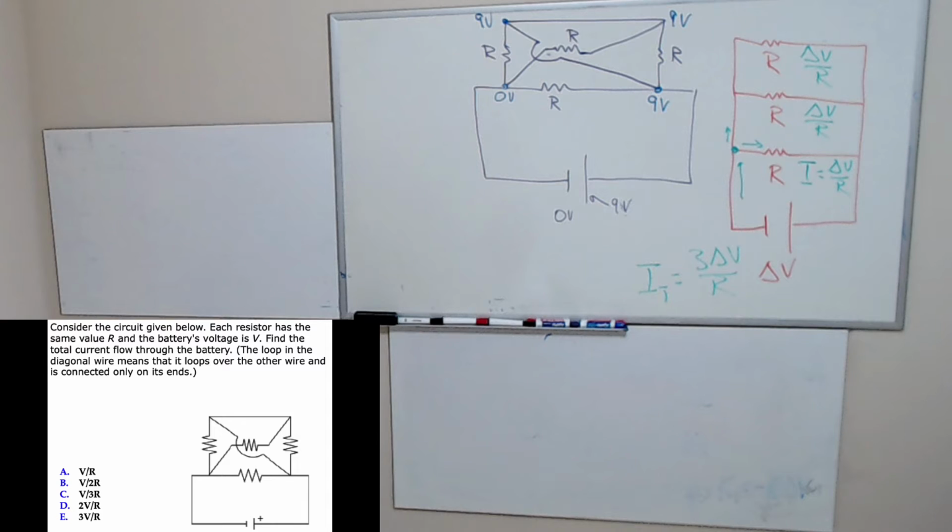They just follow the paths. Yeah, if you have a direct short, ideally all the current will go through the direct short. Obviously, there's still a tiny resistance, but like 99.99% of the current will go through that short.